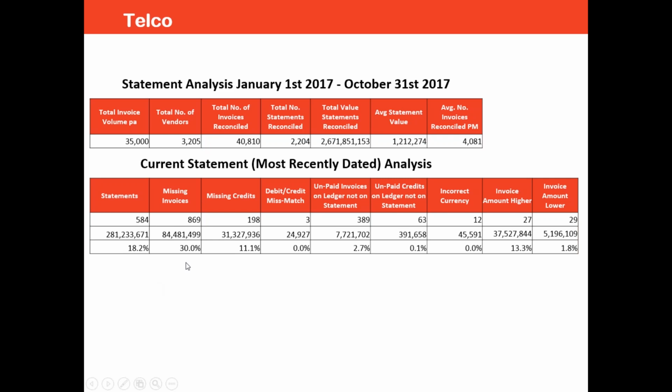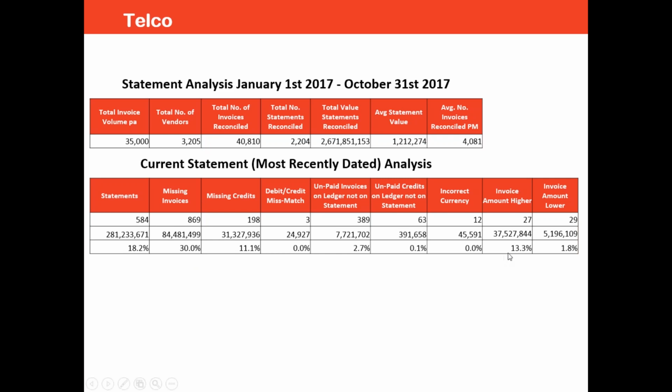But then the stats below are quite interesting. So I've got 584 statements in the system, and their value is 281 million. And again, it's the third one where I've got missing invoices, 84 million pounds worth, which is 30% of the outstanding statement value. So there is a bit of a pattern with the missing invoices figure being quite high.